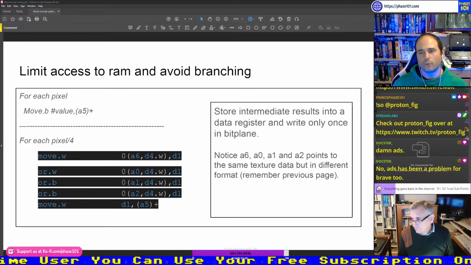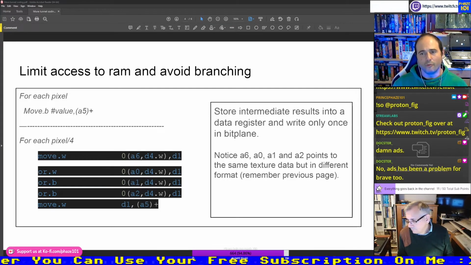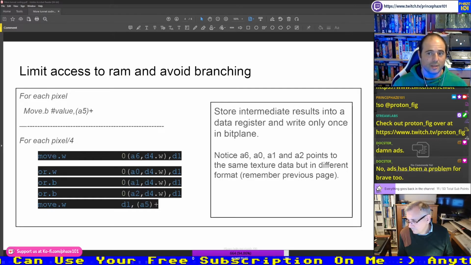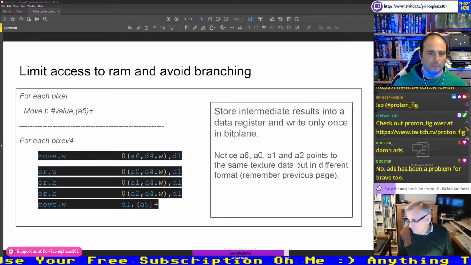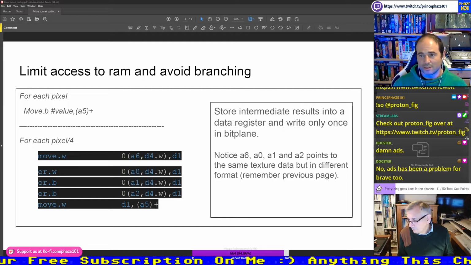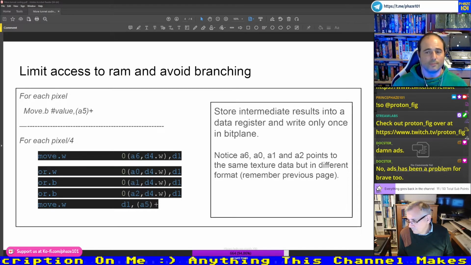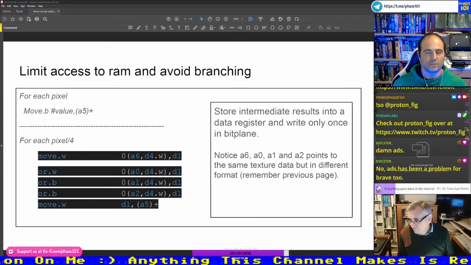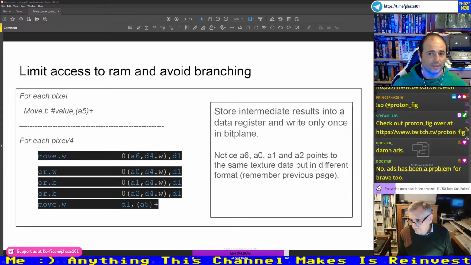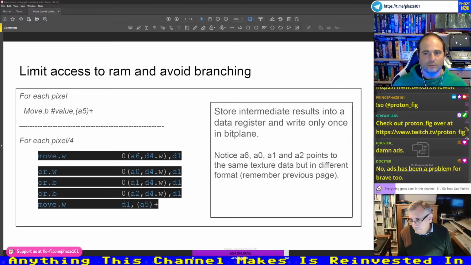Instead of doing move.b 4 times, I just use move.w once. And of course, you have to store into D1, the data register 1, the correct value.